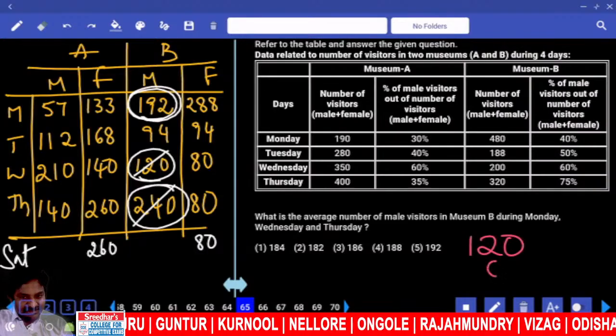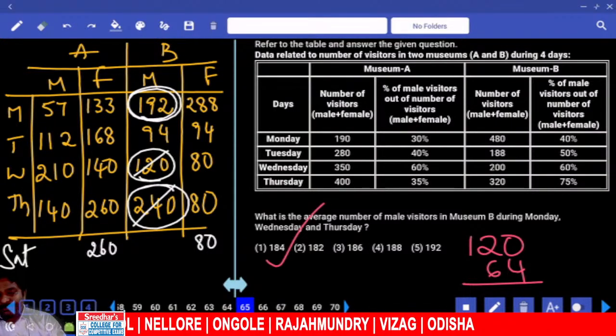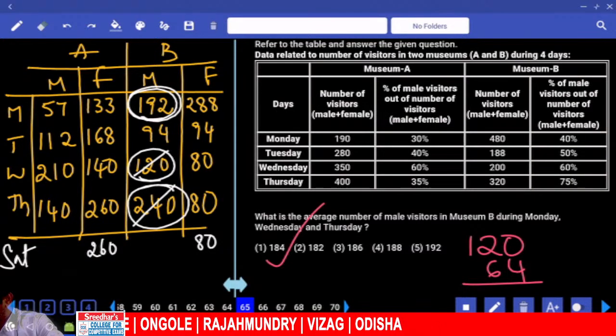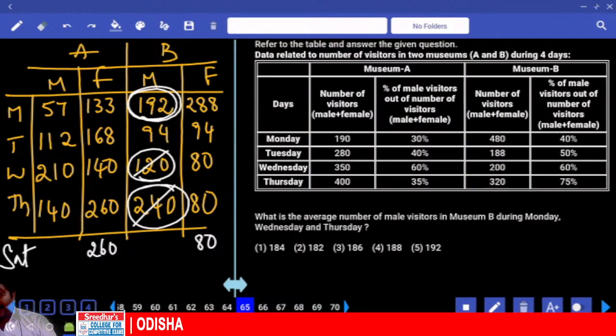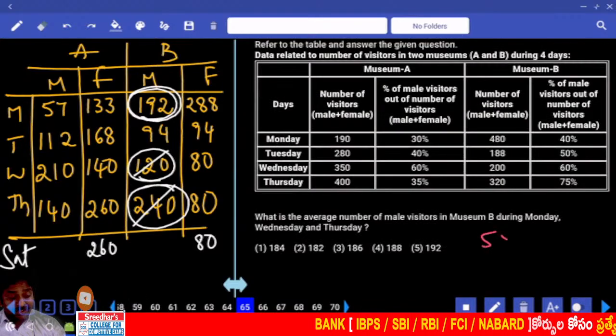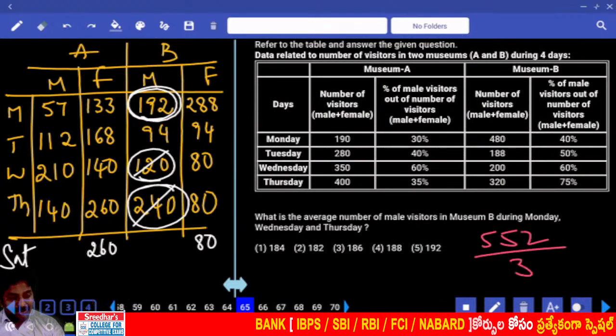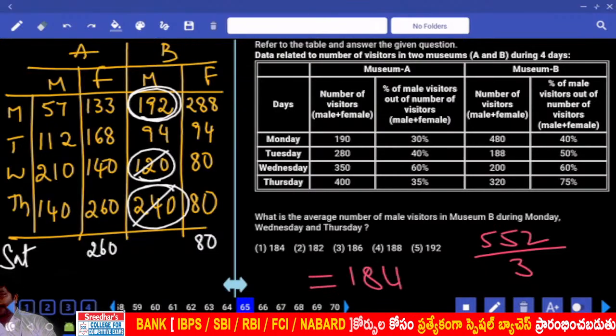Each gets 64, 184. Cut and add. Otherwise you'll have to add all 3 numbers. 120, 240, 360. 360 plus 192, 552 by 3, 184. Yes. Right?